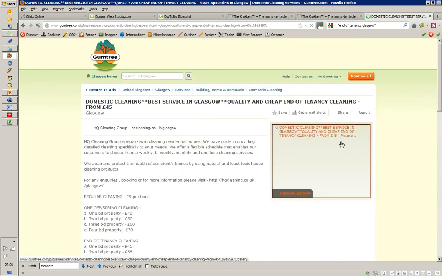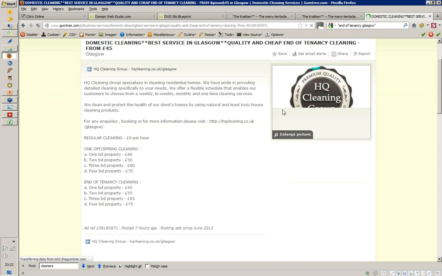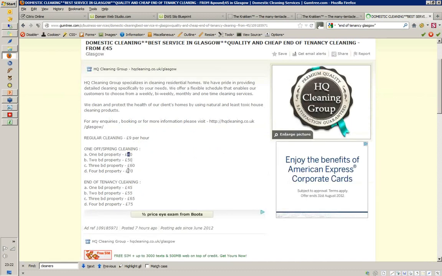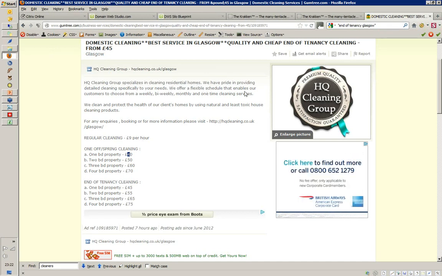There we go. 3 bed, $6. So the leads that you can charge these people are basically £4 to £7 a lead. They're charging £9 per hour, and what they do is they do it over and over and over again.